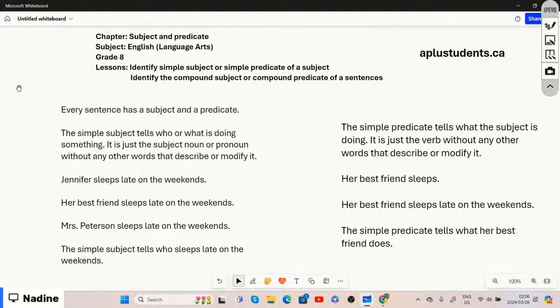When it comes to subject and predicate, every sentence has a subject and a predicate. The simple subject tells us who or what is doing something.